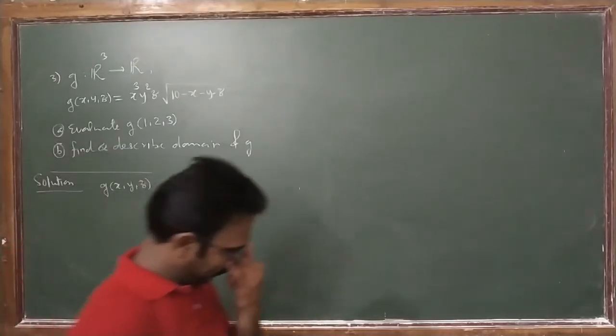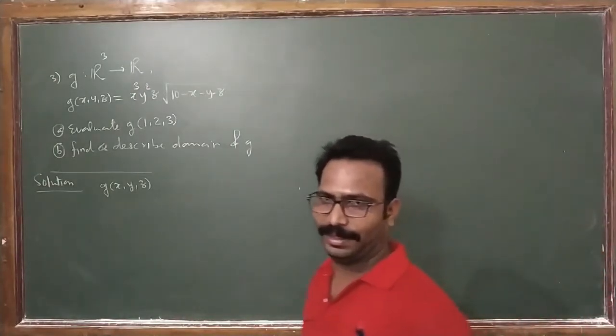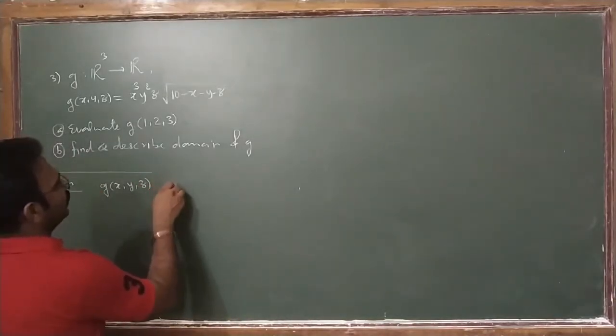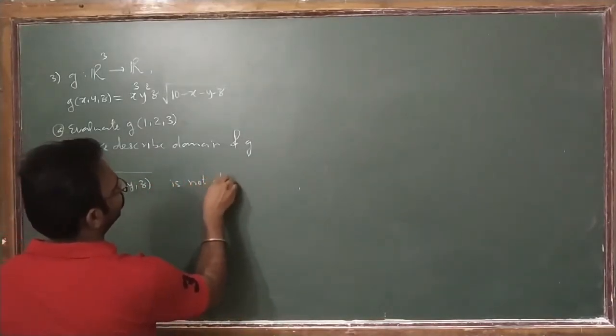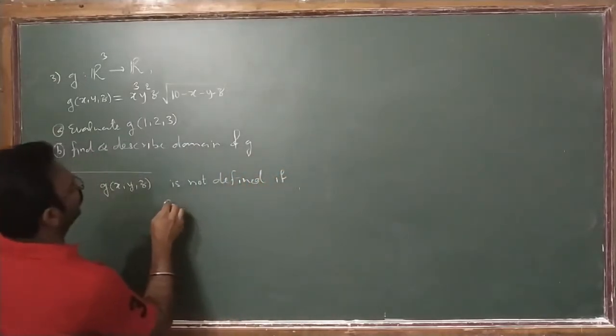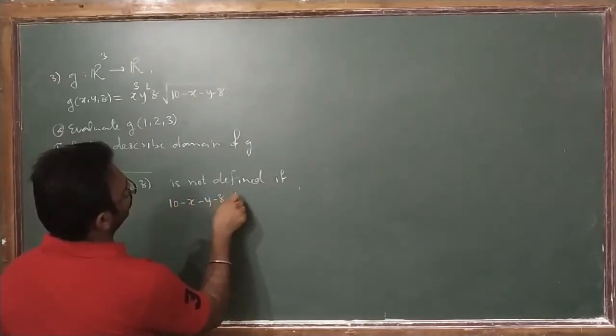The quantity inside the square root should not be negative. It can be 0, but it should not be negative. So it is not defined when 10 minus x minus y minus z is negative.